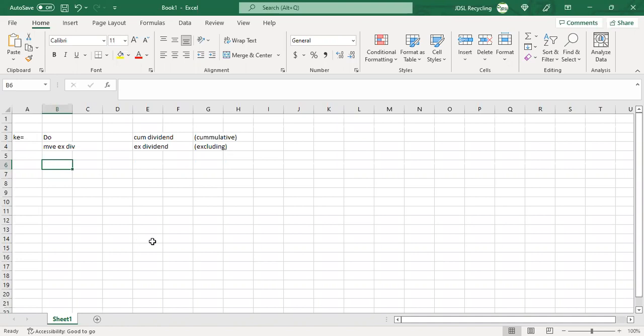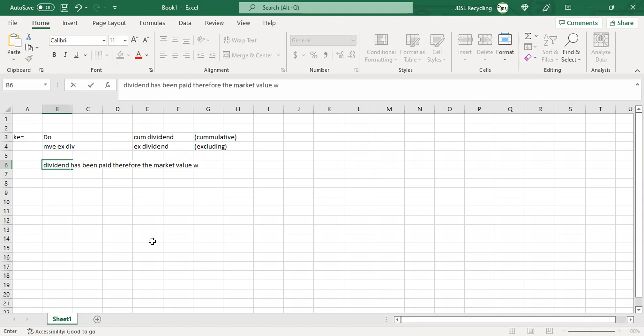If the current dividend has been paid, the market value will represent the ex dividend.